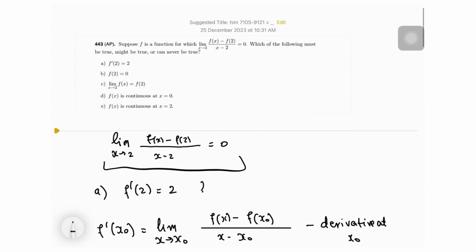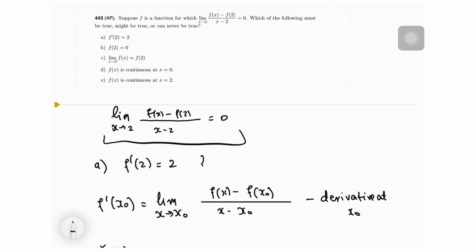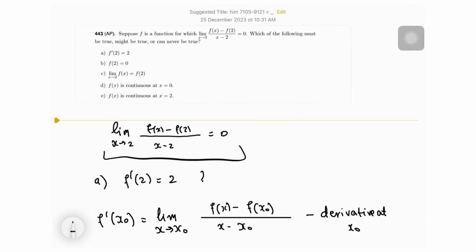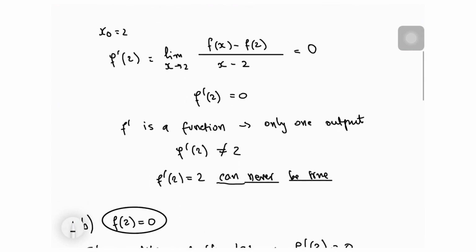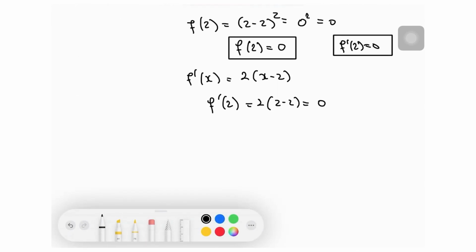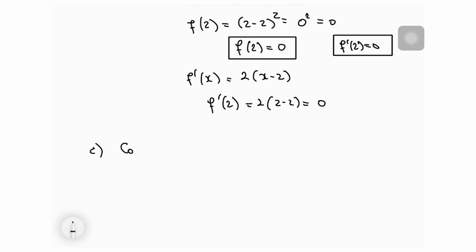Okay, let us look at C. C says: is the limit when x approaches 2 of f of x equal to f of 2? Again, for this question, we have to use the condition of the task, which says f prime of 2 equals 0.